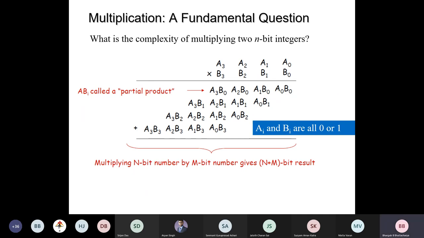What do you think? Imagine that you have two n-bit integers and you are going to compute multiplication by whatever algorithm or mechanism. What is the worst case complexity of multiplying two n-bit integers?